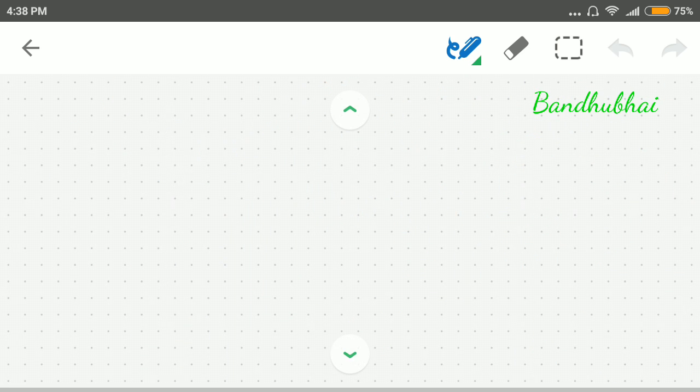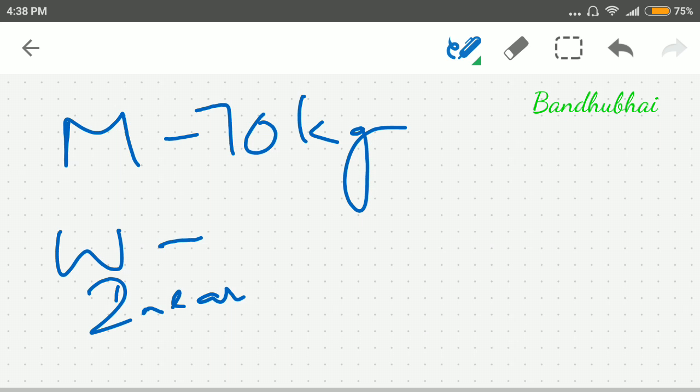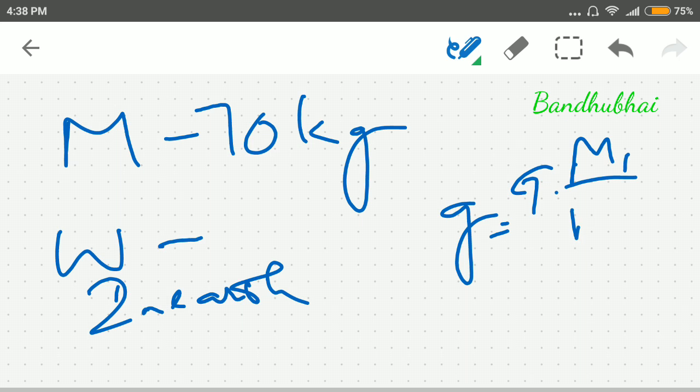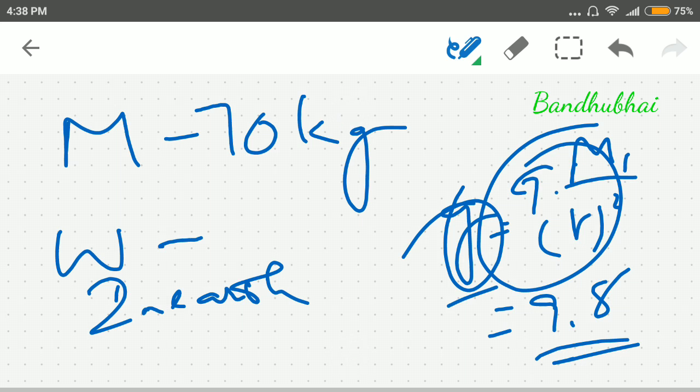So here the mass is 70 kilograms. Let's take the weight on earth. On earth, g is equal to G m1 by r square, which is 9.8 meter per second square.